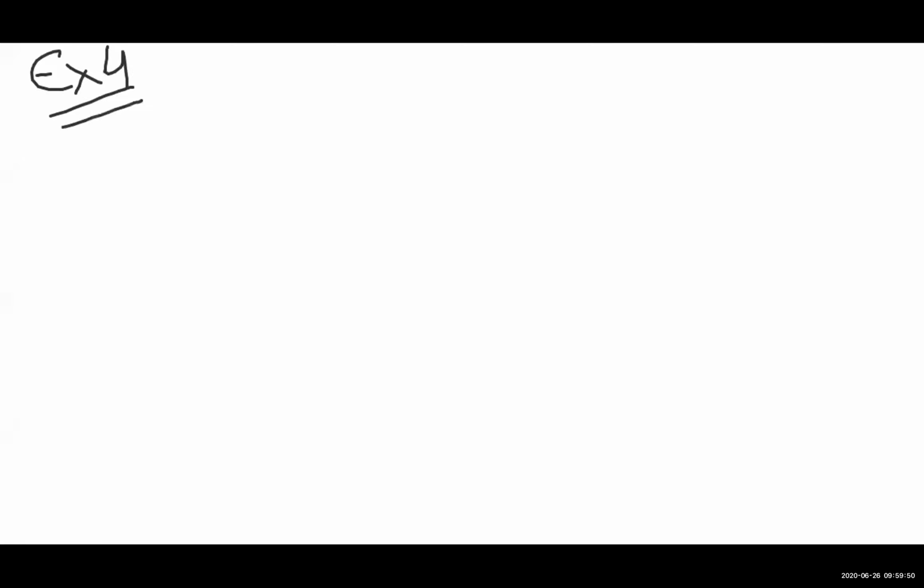Example number 4. RF is what we need to find. RI is equal to 7 i cap minus 24 j cap.